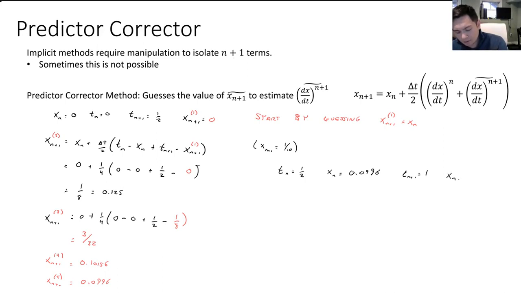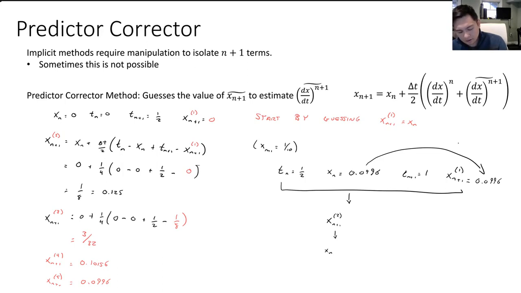And our x of n plus 1 value for our first guess is going to be that x of n value that we start with, so 0.0996. Then we can plug all this in to give us a second guess, and a third guess, and so on and so forth, until we reach convergence. And then we could take this on down the line.